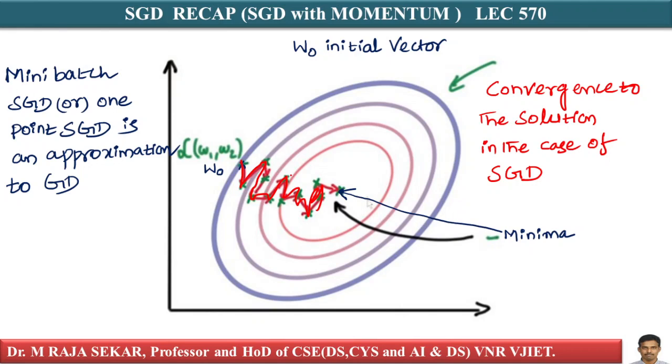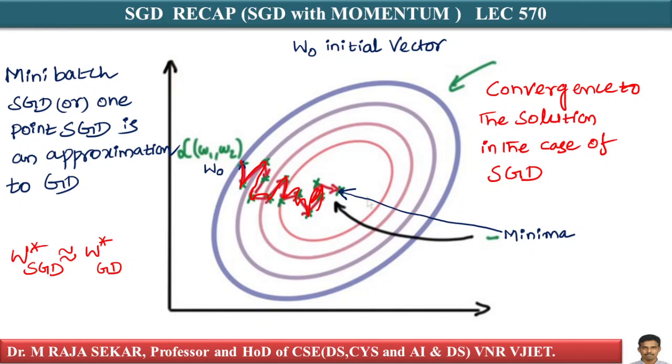The mathematics behind SGD, both mini batch and one point, is that if you run enough number of iterations, lots of iterations of SGD, the W star, the minimum point that we get, is the same as W star with gradient descent.